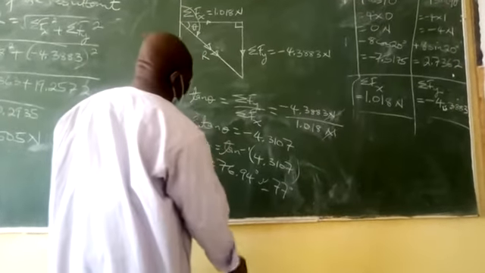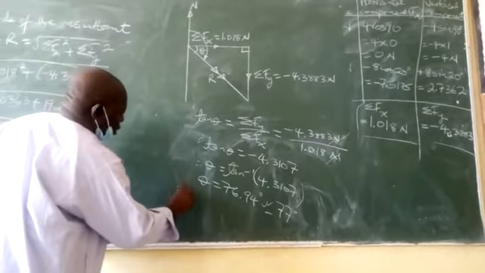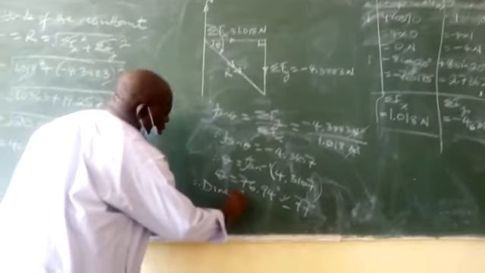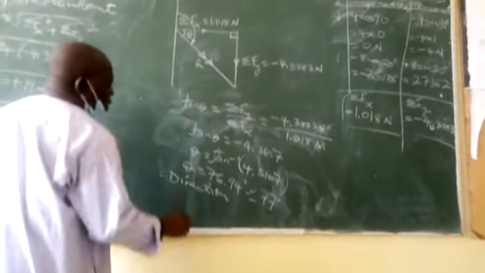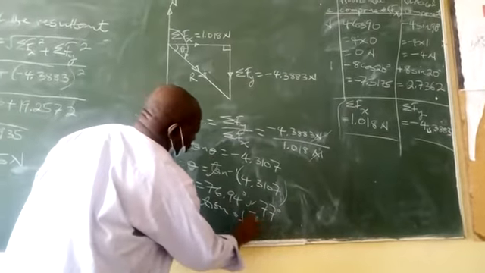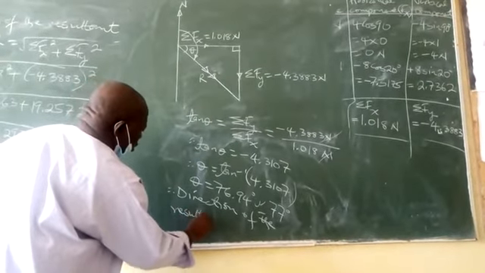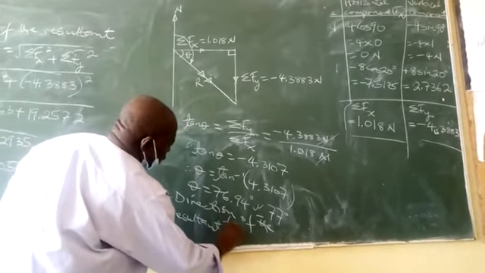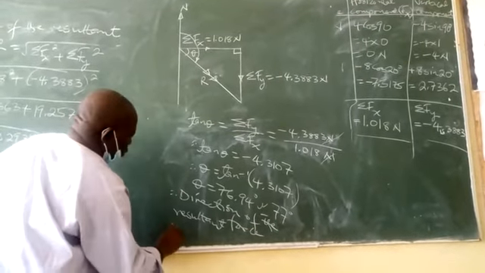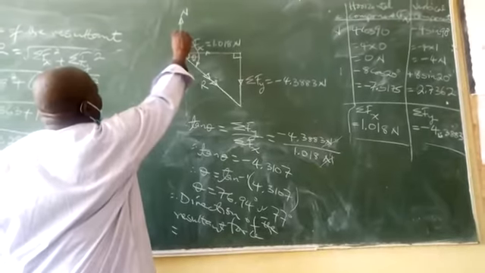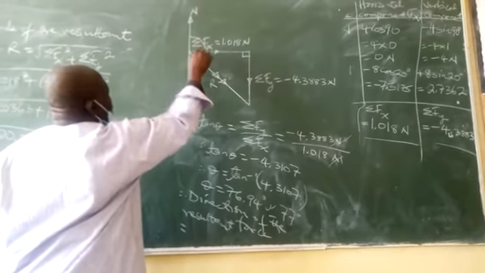Therefore, the direction of the resultant force, from here to here, is 90 plus this theta.